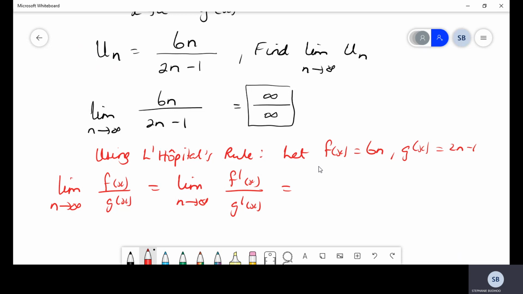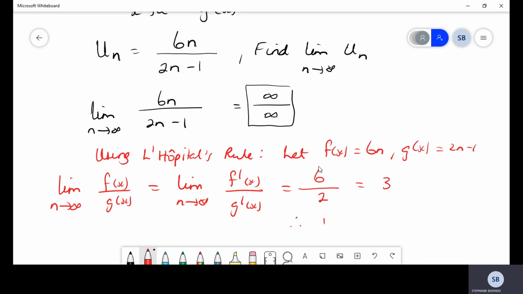Since the numerator is given by 6n, the derivative of that with respect to n is simply 6. On your denominator, the derivative of this g function with respect to n is simply 2, as the derivative of a constant is 0. Clearly, we can see that value is 3.